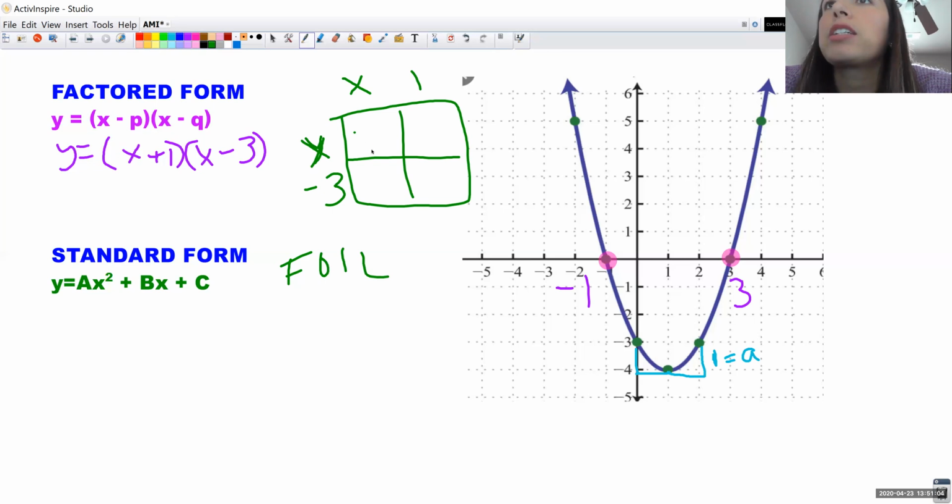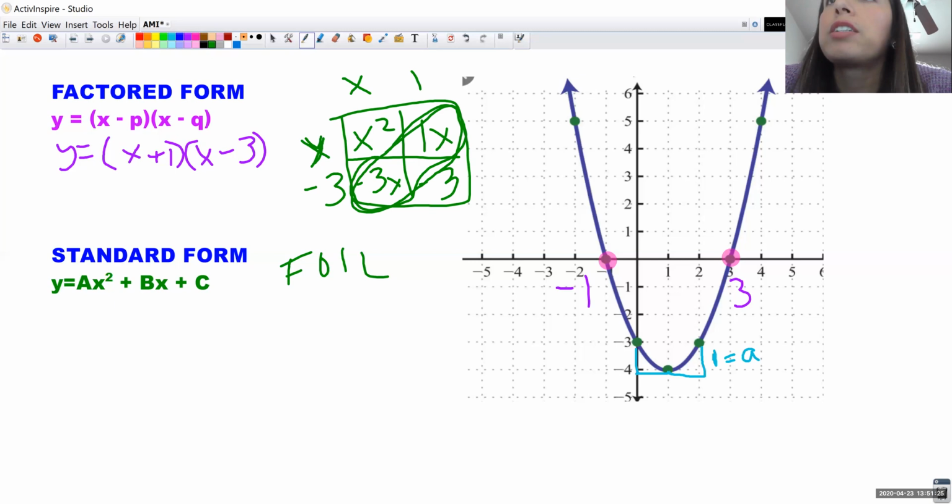So x times x is x squared, x times 1 is 1x, -3 times x is -3x, -3 times +1 is -3. Then we always have to add the like terms.